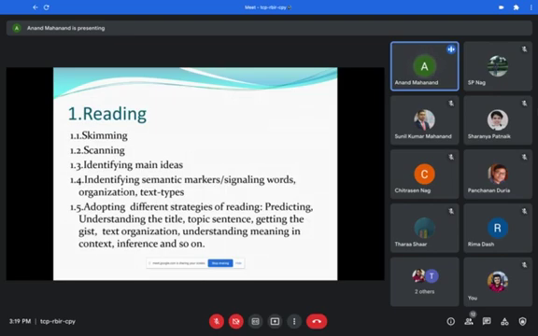Inference is also one of the soft skills or strategies of reading. You infer what you can foresee, what is going to happen next. I gave you the example of the king who loved to listen to endless stories, stories that would not end. So what will happen? The first storyteller came, the second storyteller came.